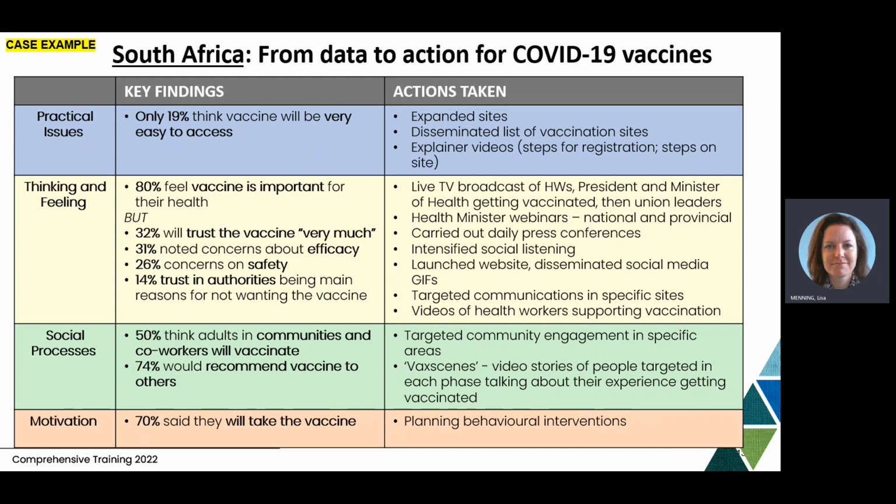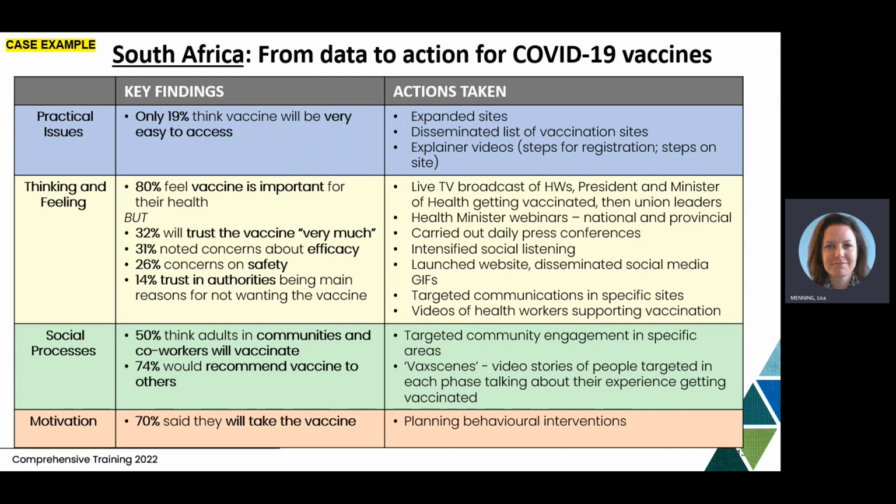They shared more information about those sites and where they were located and the timing of the services. And they also shared more explainer videos on how to register for vaccination and where to go and how to get there. So this offers also an overview of each of the main findings in our 4 domains and the corresponding actions taken.